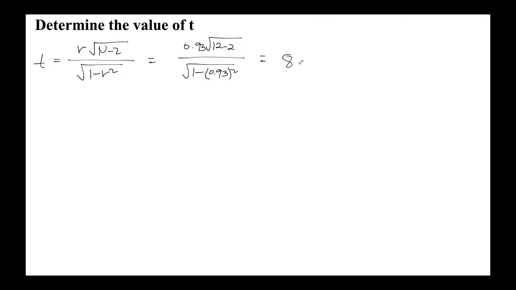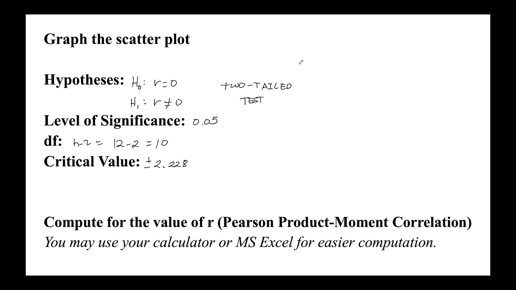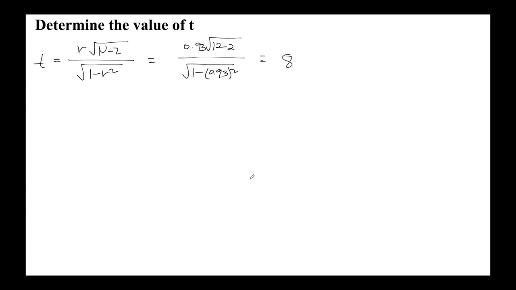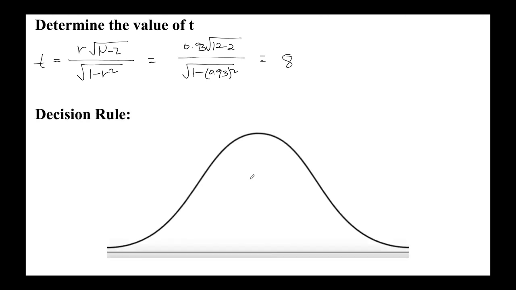Now, kung babalikan ninyo, yung ating T critical is 2.228. This is at alpha level 0.05. Meaning to say, our decision rule now will be, let's have our graph here. For example, ito ang ating positive 2.228.